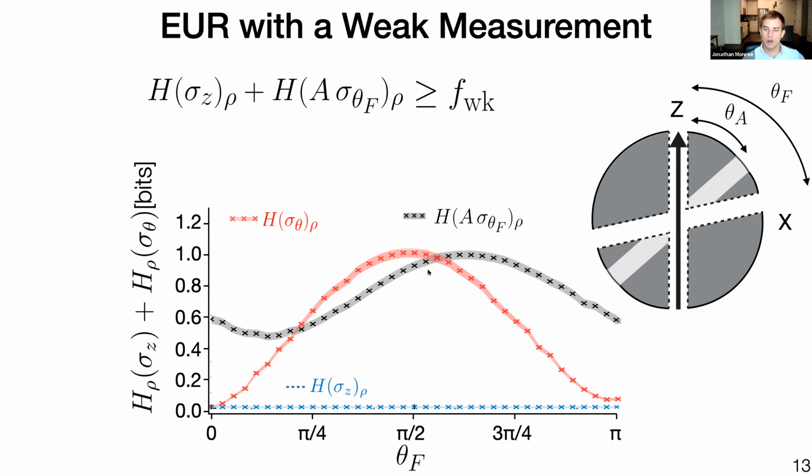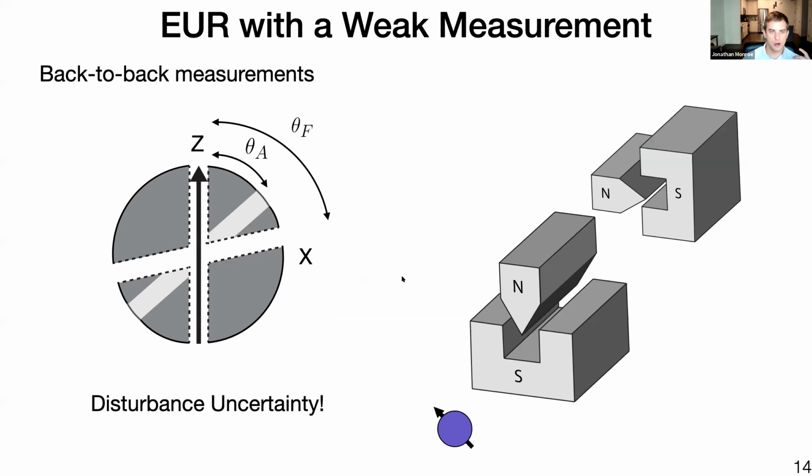Okay, so one element of this uncertainty relation that I want to highlight again is that it is related to this disturbance uncertainty, in addition to the traditional incompatibility that we might think of. So this is the fact that we're sending in this upward pointing state.